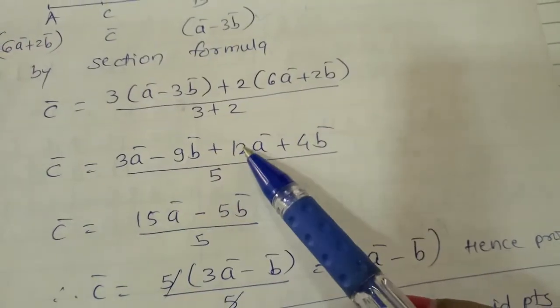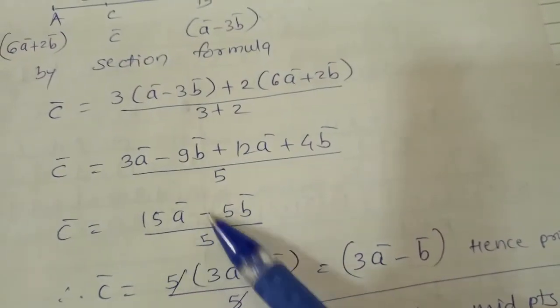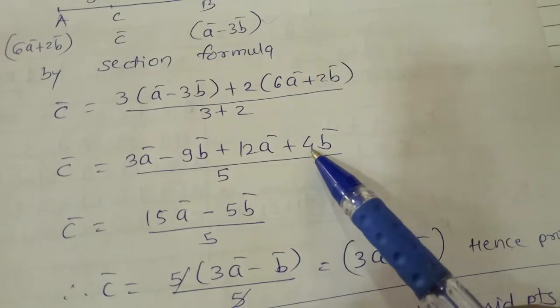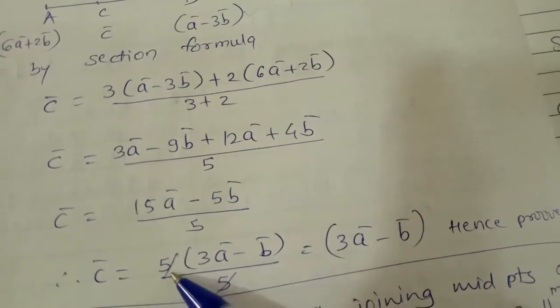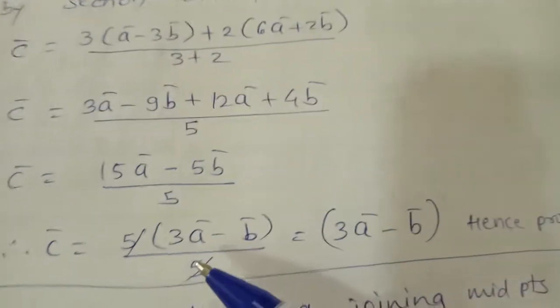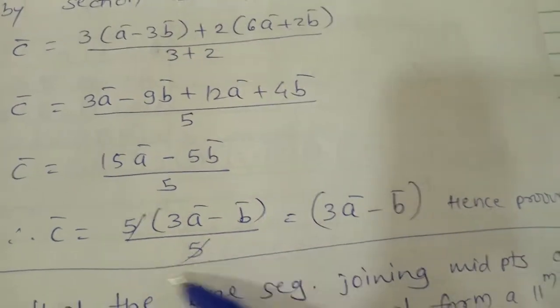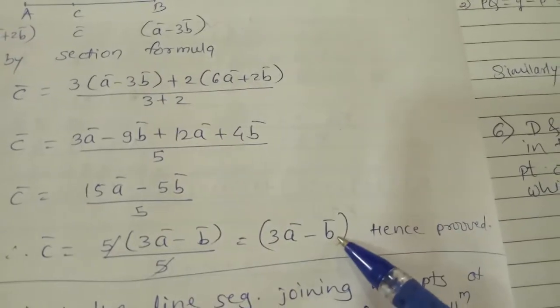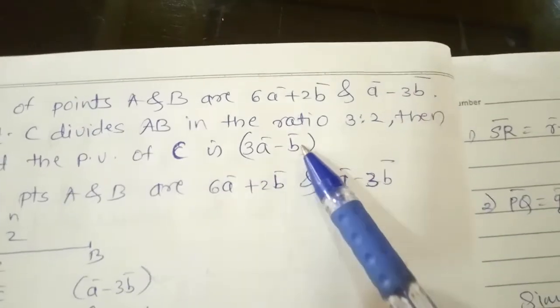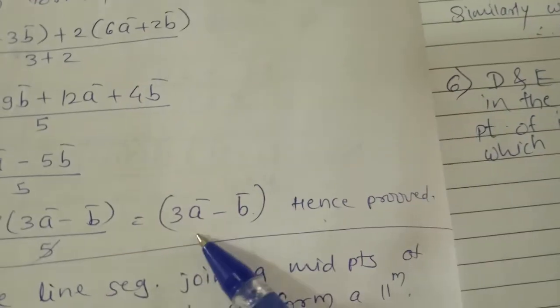So 3a plus 12a is 15a bar, minus 9 plus 4 is minus 5b bar. From this I am going to take the 5 common. So in the bracket we get 3a bar minus b bar. The 5 gets cancelled, and so we get the answer, that is 3a bar minus b bar. Hence proved, because we have to show that point C is 3a bar minus b bar, and our answer is also the same.